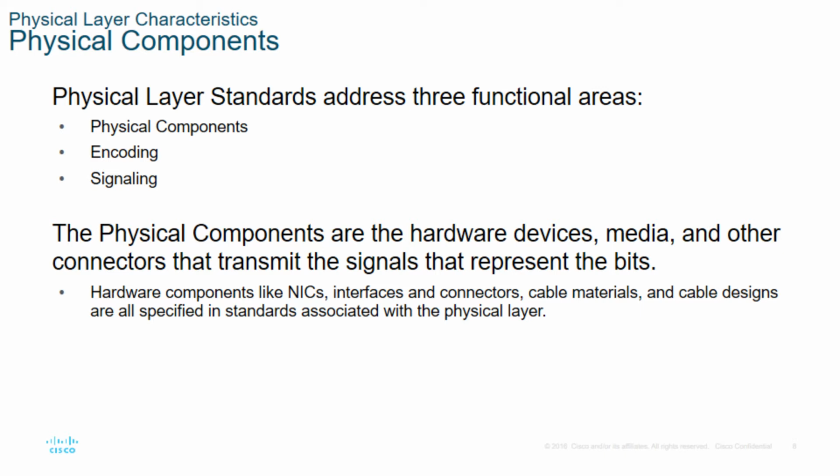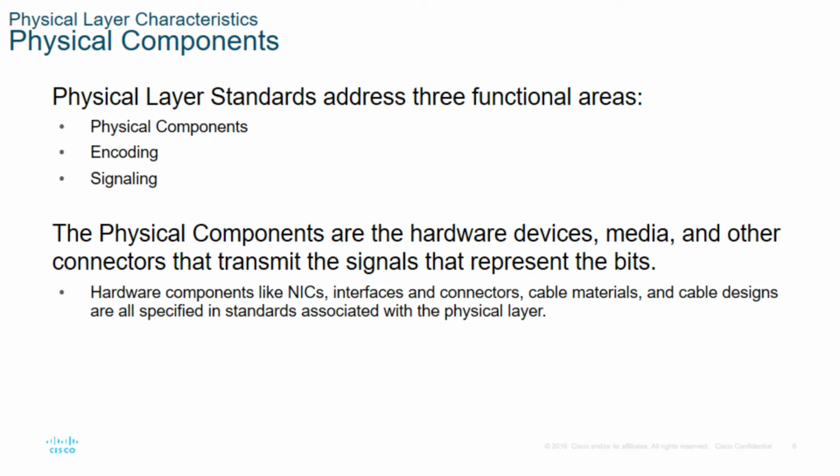Physical layer standards address three functional areas: physical components, encoding, and signaling. Physical components are the electronic hardware devices, media, and other connectors that transmit the signals that represent the bits.